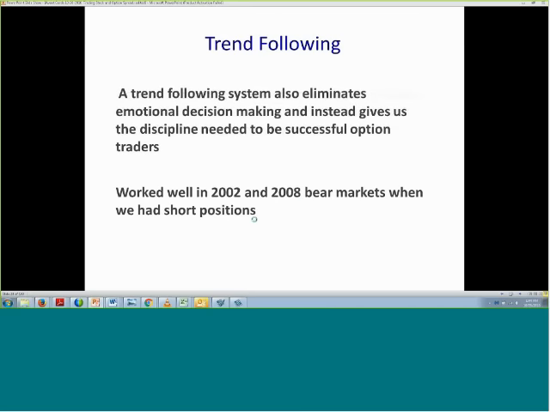And if you use a trend following system, that eliminates emotional decision making and instead gives us the discipline we need to be successful traders. Our trend following trade selection process works both in bull and bear markets.